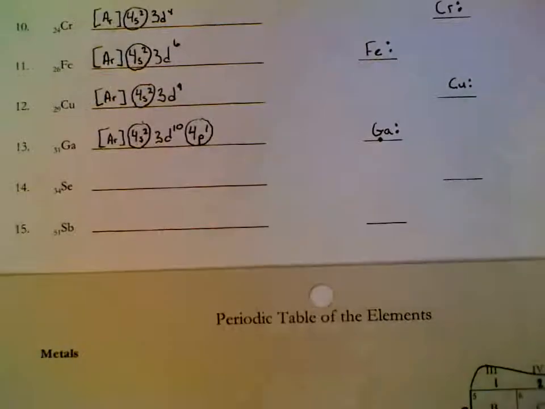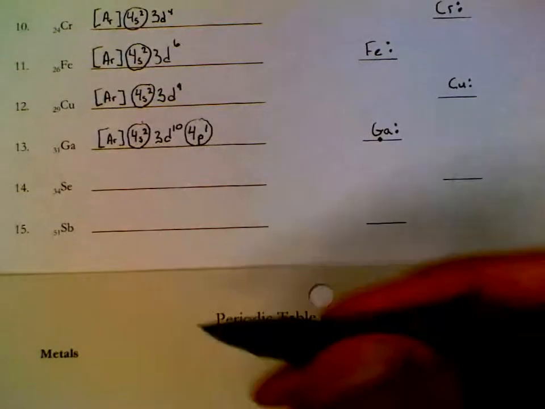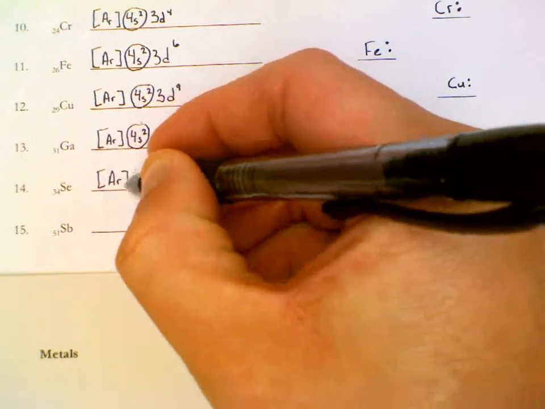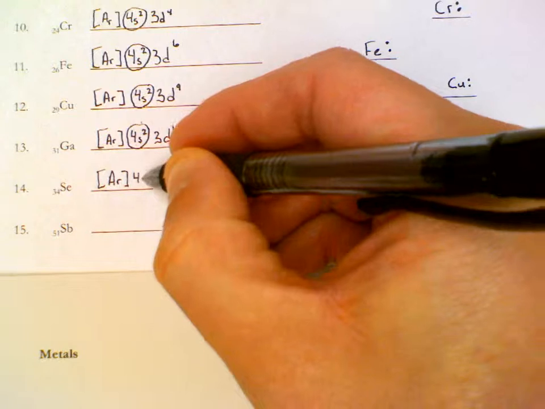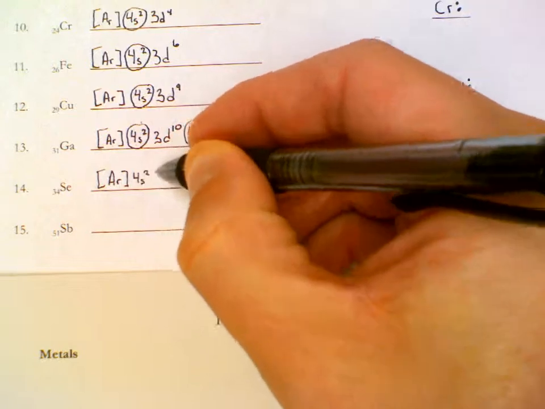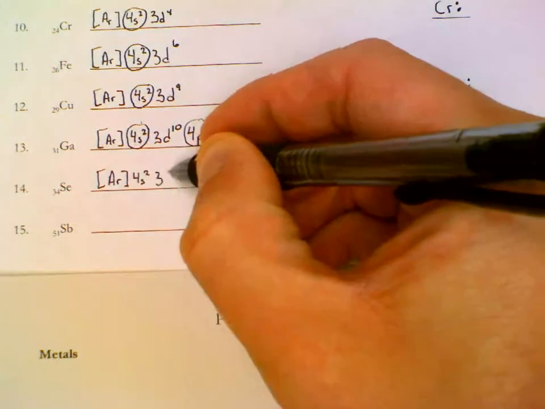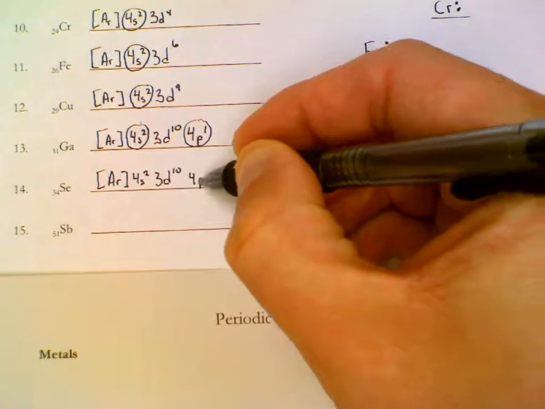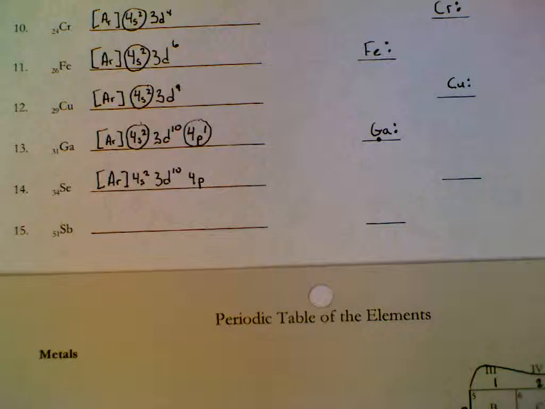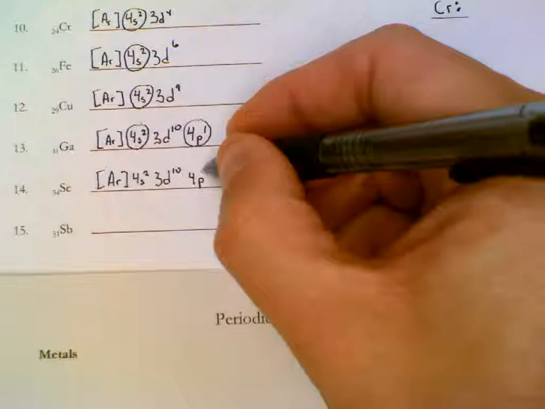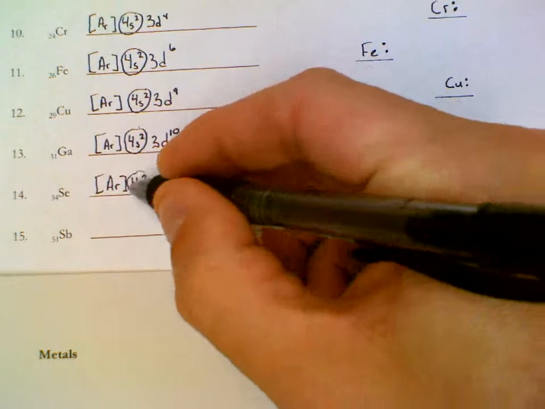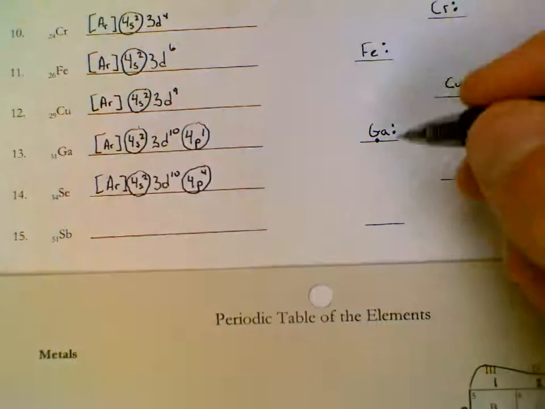Selenium. If we choose selenium, we need to use argon as our noble gas. Then it would be 4s2 for potassium and calcium, 3d10, 4p, counting over 1, 2, 3, 4 till you get to selenium square. 4p4, 4s2 are the 2 valence sublevels.